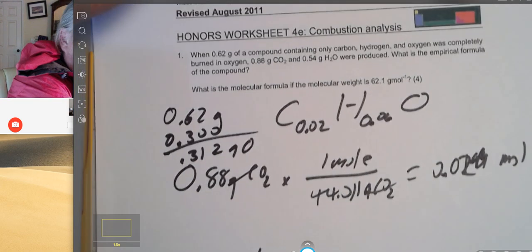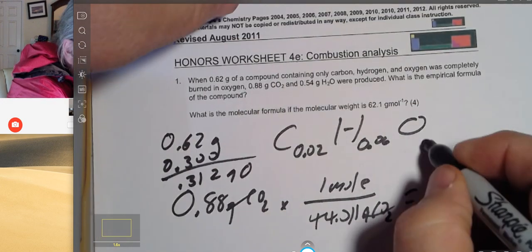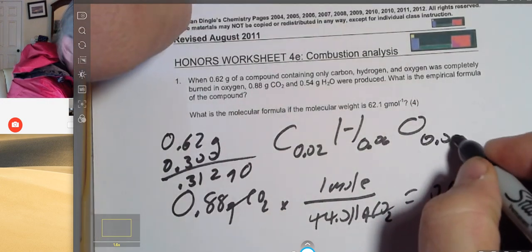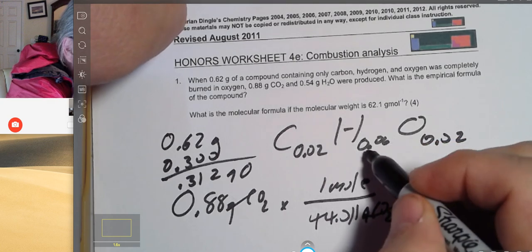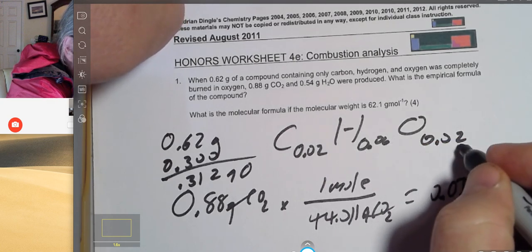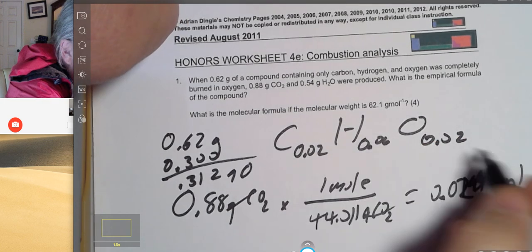So if I go back up here, I've got 0.02 moles of carbon, 0.06 of hydrogen and 0.02 moles of oxygen.